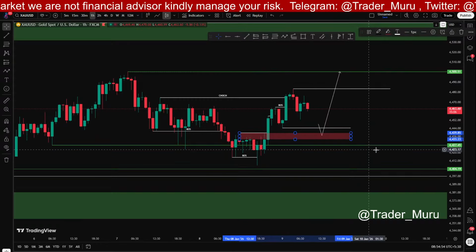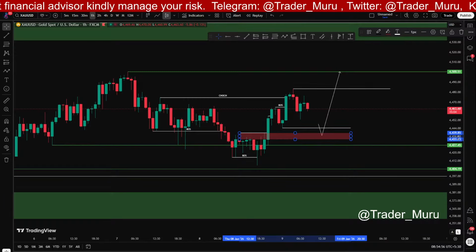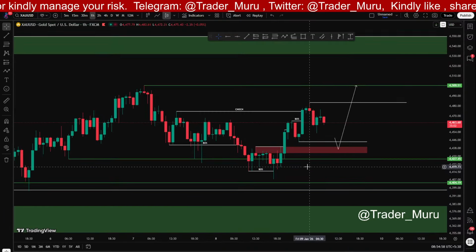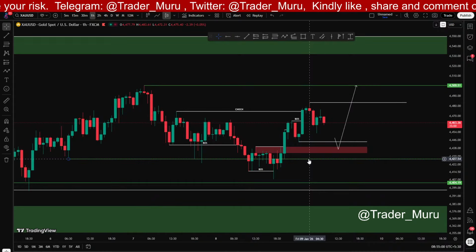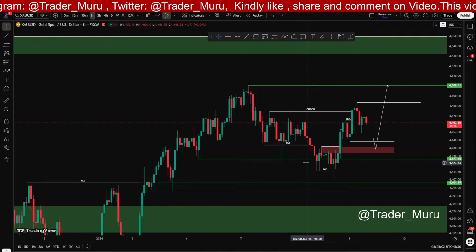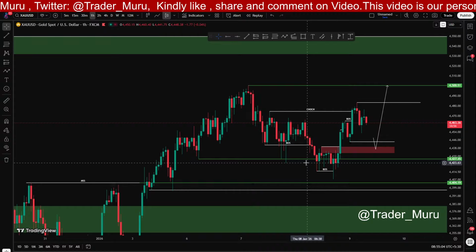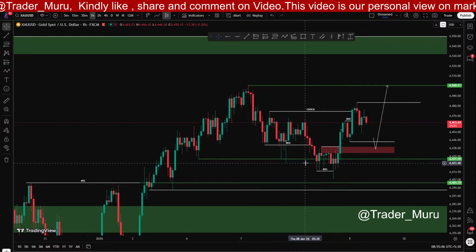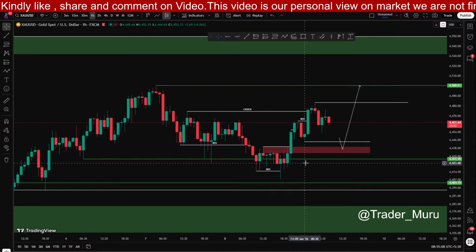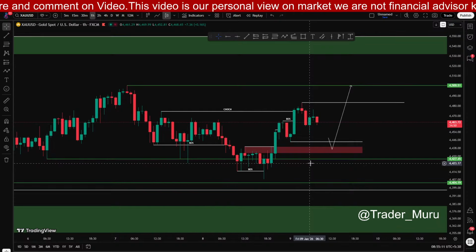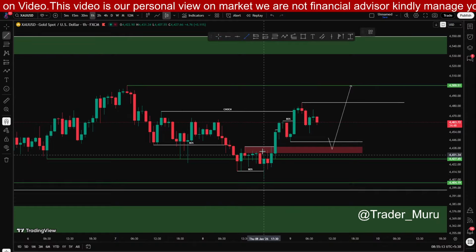If you are going long from here, your stop loss will be 4433, and if you want a tight stop loss, then your stop loss will be 4423, below this one here.